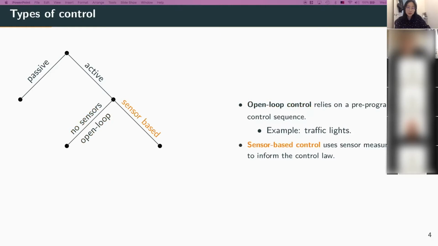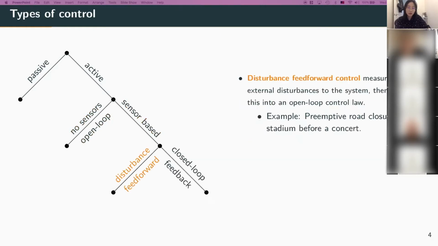Whereas sensor-based control uses sensor measurements to inform the control law. And within this category, disturbance feed-forward control measures external disturbances to the system, and then feeds this into an open loop control law. An example could be preemptive road closure near a stadium before a concert happens.